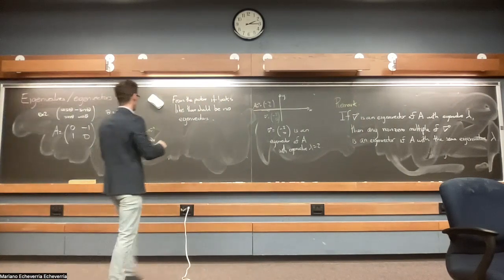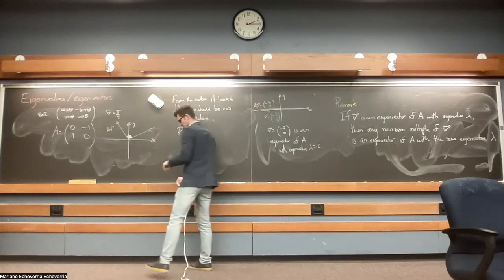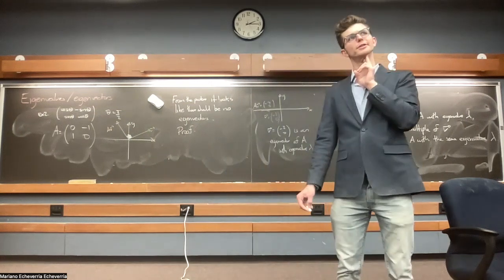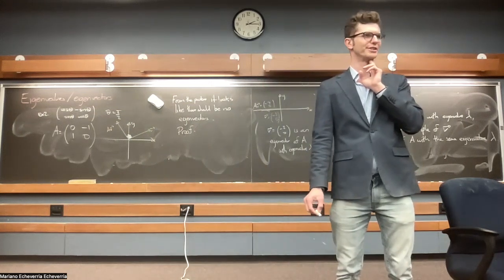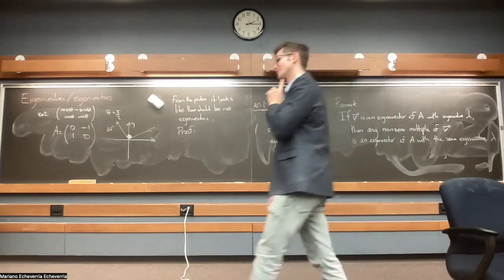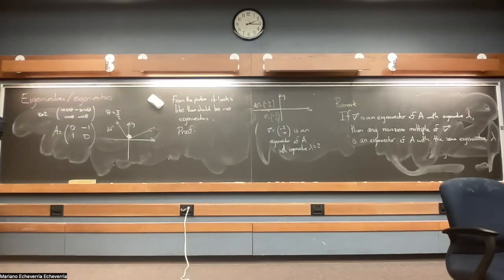So if you wanted a better argument, a more written out proof, here's the proof that this doesn't work. What I am going to do now is something called proof by contradiction, which is a technique that is very common in mathematics. Maybe you haven't used it that much, but let's just assume that there is this miracle eigenvector.